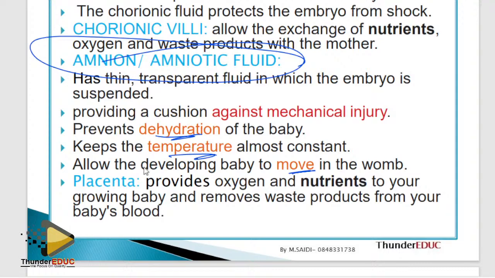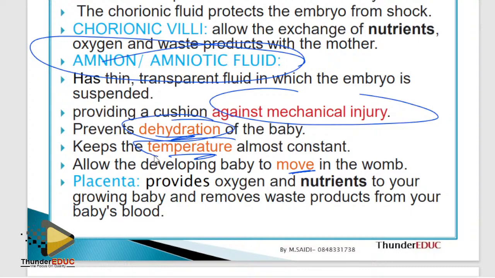You are just speculating. Please, amniotic fluid is not responsible for nutrients. Amniotic fluid is responsible for mechanical shock, a shock absorber or cushion against mechanical injuries, prevention of dehydration, keeps the temperature almost constant, not constant, almost constant, and allows free movement of the baby.